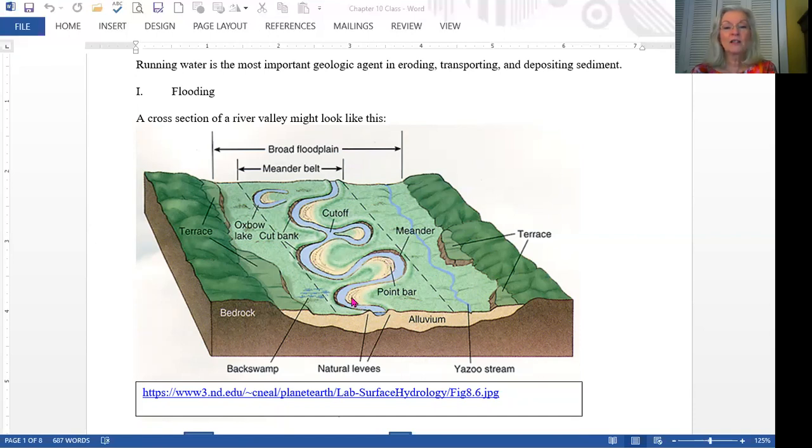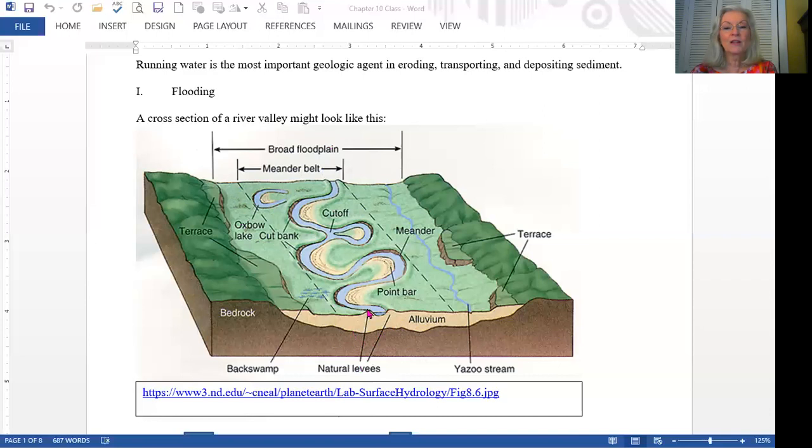You should notice that they alternate, that they're always on the inside of a curve, not the outside, and that the curves in the river, which are called meanders, alternate. So you swing left and then you swing right, and you swing left and then you swing right, and so on. So we have the floodplain, this flat area that the river is cutting into.